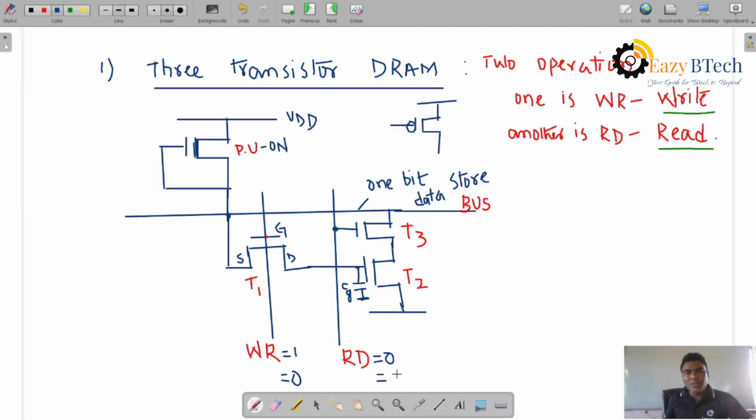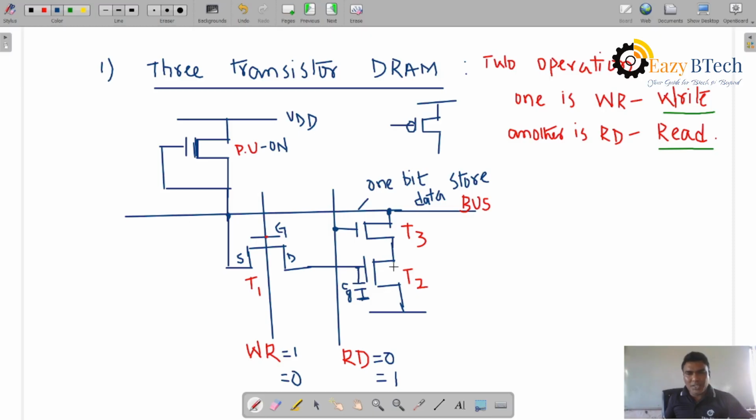Now read operation is equal to 1. T3 is on, T1 is off, and the data is stored over here at T2. Then it will be pulled down and connected to the bus. The logic 1 stored in T2 is connected to the data bus. It is connected to ground potential, but it is stored and again replaced onto the bus.